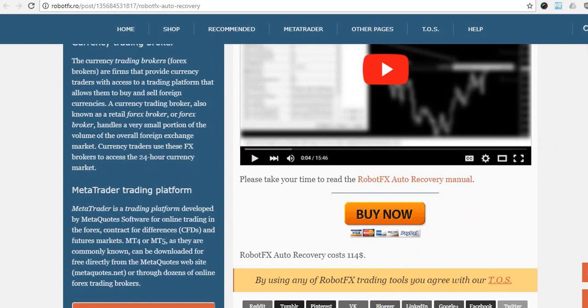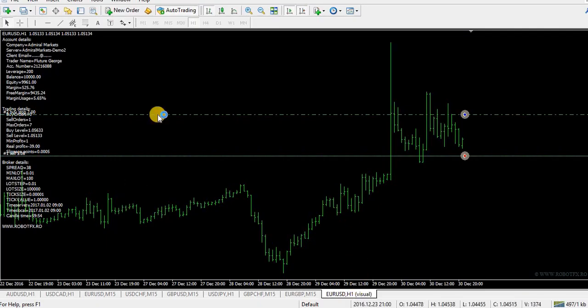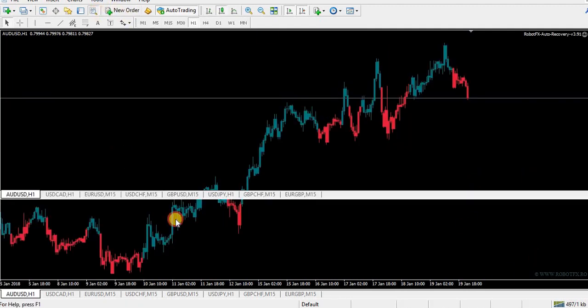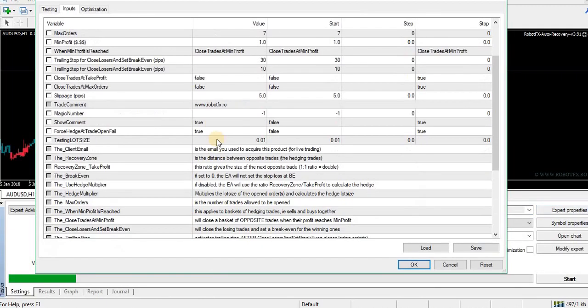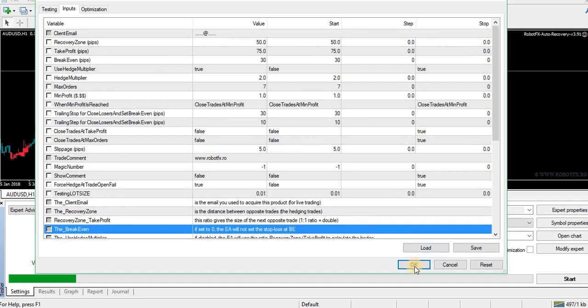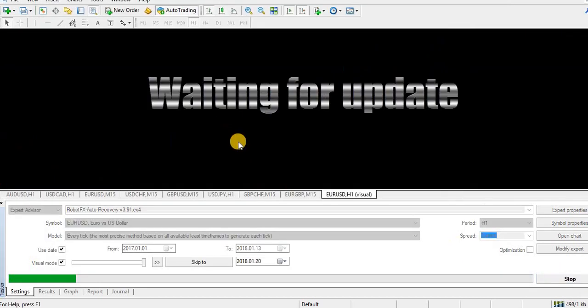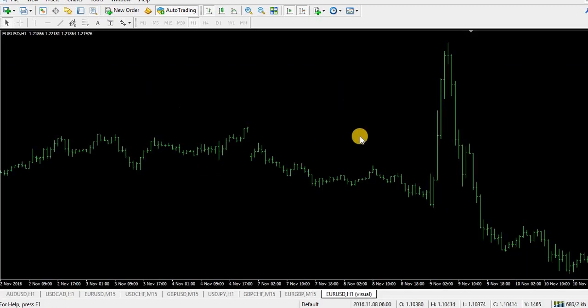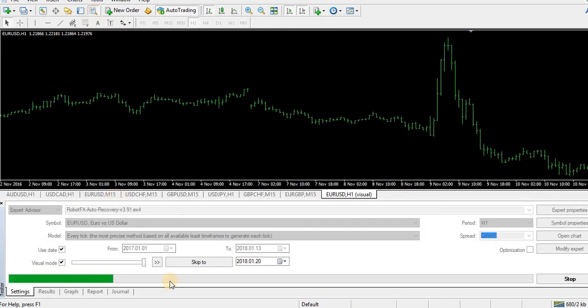Anyway, let's see what it does very fast. I said I don't want to see comments on the chart because I want a clear chart. No grids. Let's try to explain what the expert advisor does while the expert advisor will do it.